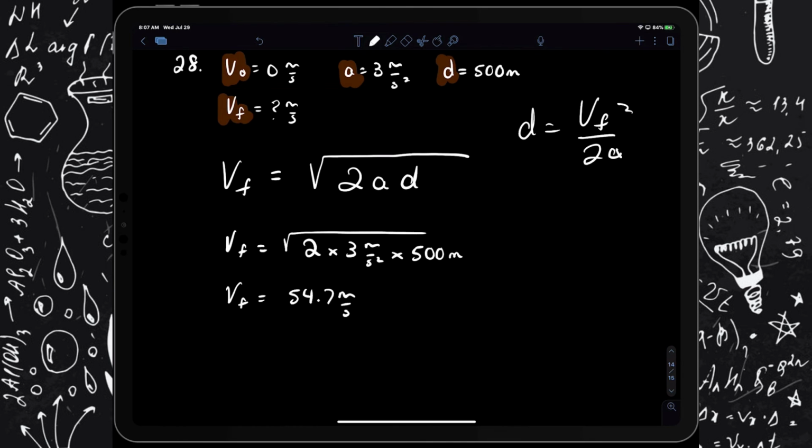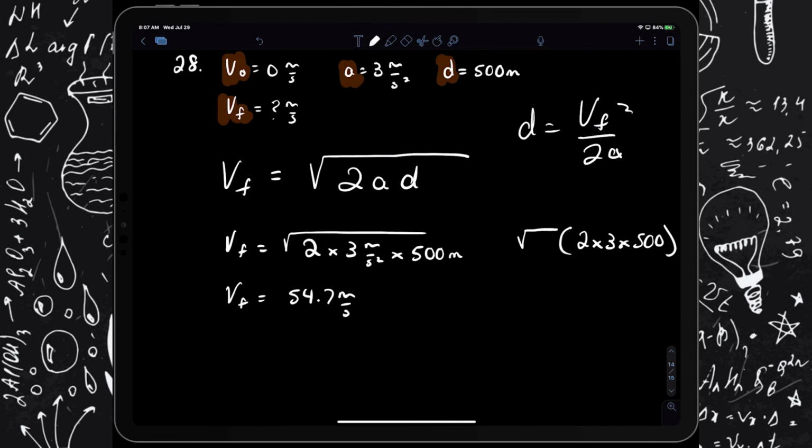Now I want you to double check to make sure you're doing this correctly. In your calculator, you'd have to press the square root button, parentheses, 2 times 3 times 500, like that, in order to get this correct.